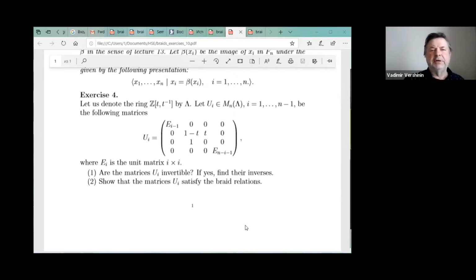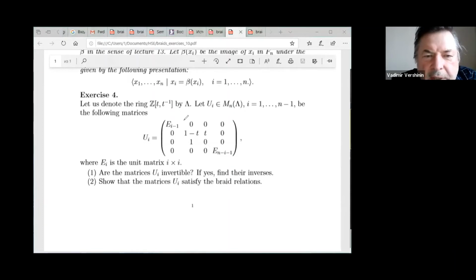Now let us consider the following matrix. So it means I switched notation, but I think maybe you understand. This is the unit matrix. In the previous sheet of exercises, I used another notation.